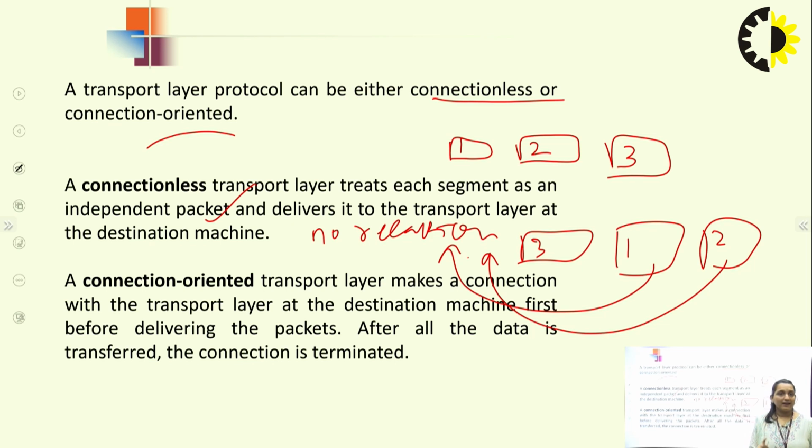We have to send data, because we are making a connection to send our data. First, you have to connect to our destination. If the destination is busy, then you will not send data. You will not form congestion in the network.